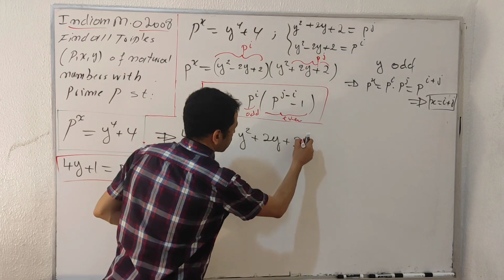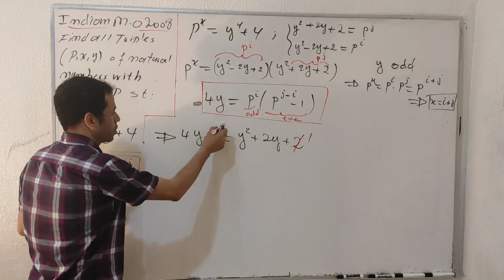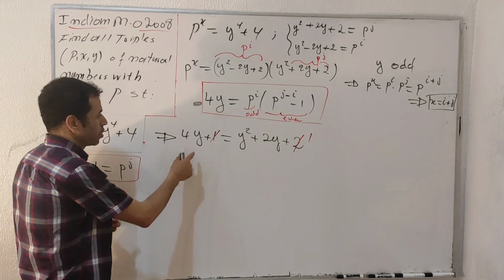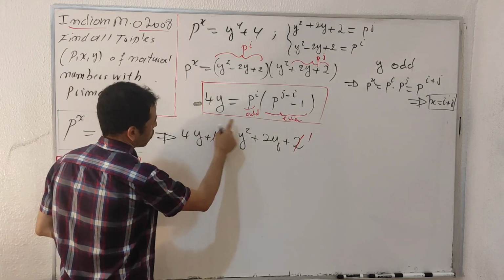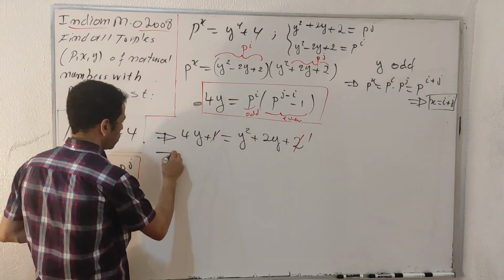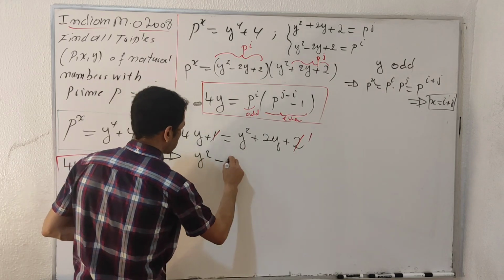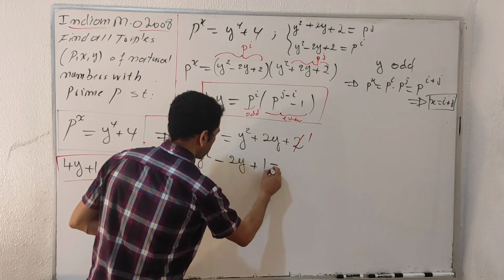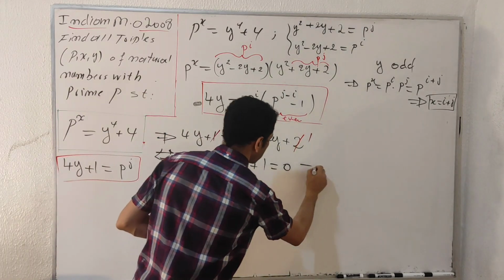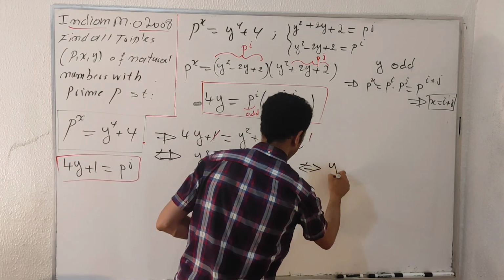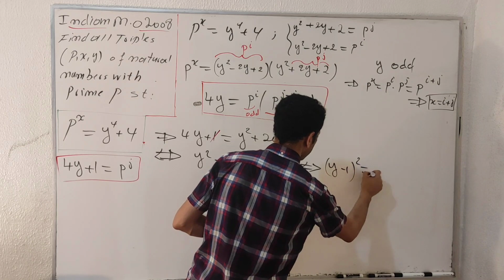This number 2 cancels down to the number 1 because this number 1 will be cancelled out. So I'm going to move this 4y to the right hand side of this equation. I will have y squared plus 2y minus 4y, which is minus 2y, plus number 1 equals 0, okay. This one is equivalent to y minus 1 quantity squared equals 0, okay.